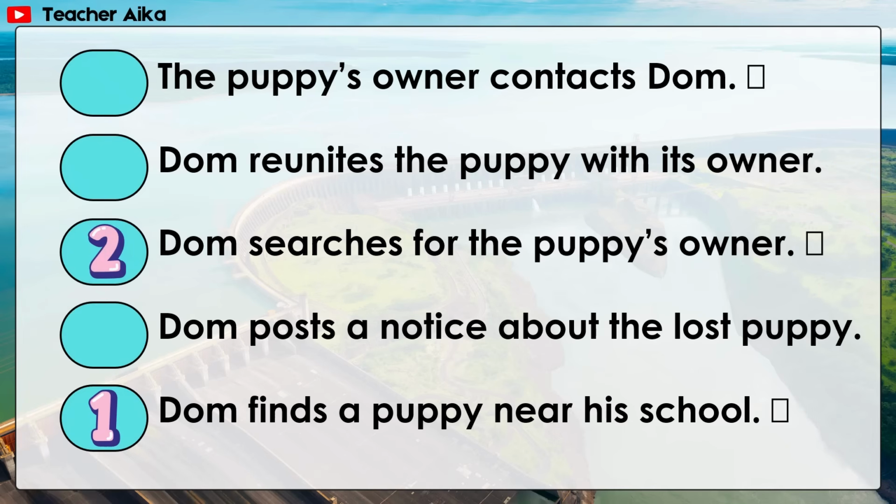Dom searches for the puppy's owner. 3. Dom posts a notice about the lost puppy. 4. The puppy's owner contacts Dom. And 5. Dom reunites the puppy with his owner.